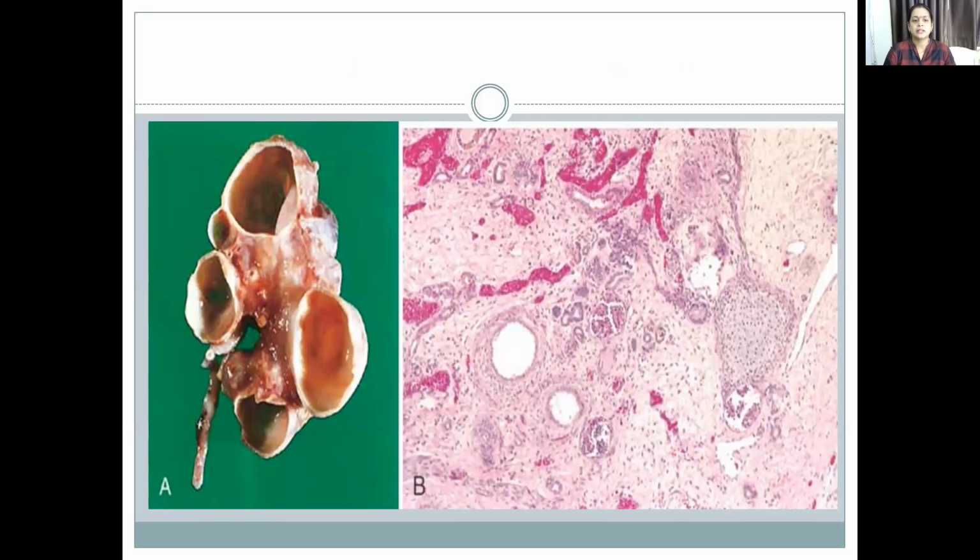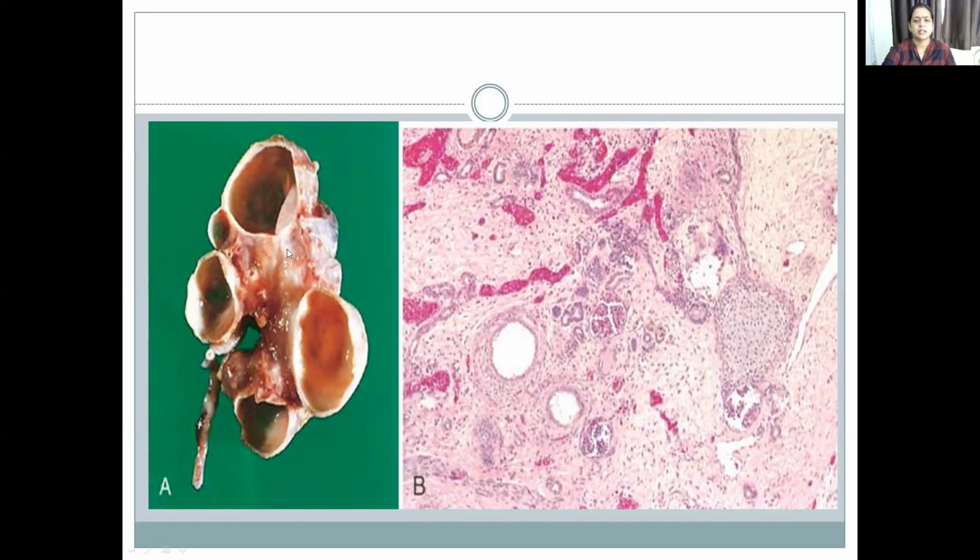So here you can see this is the kidney. You can see multiple cysts here. You can't differentiate. The reniform shape of the kidney is not seen. You can see that the renal pelvis or the cortex and medulla, everything is obscured. You are not able to make it out like a normal kidney.